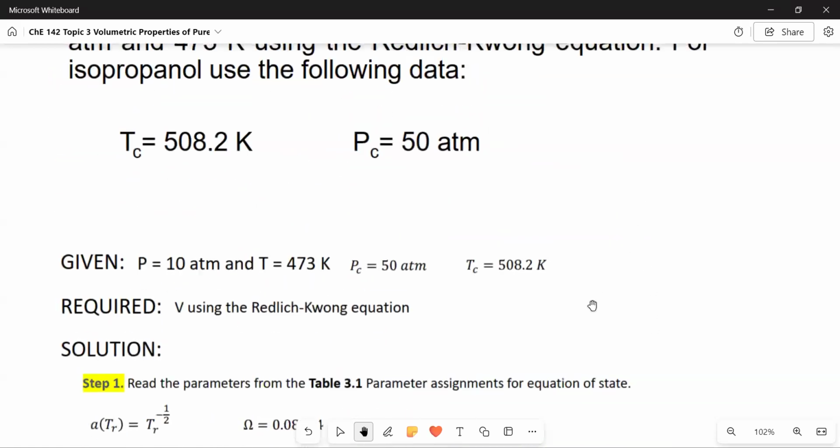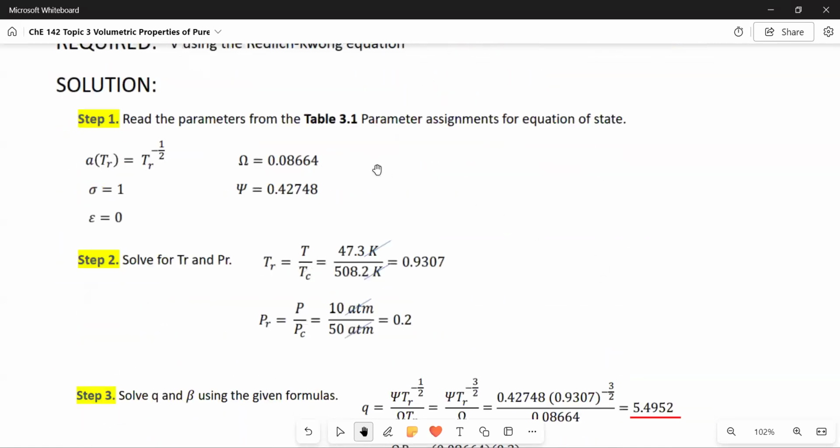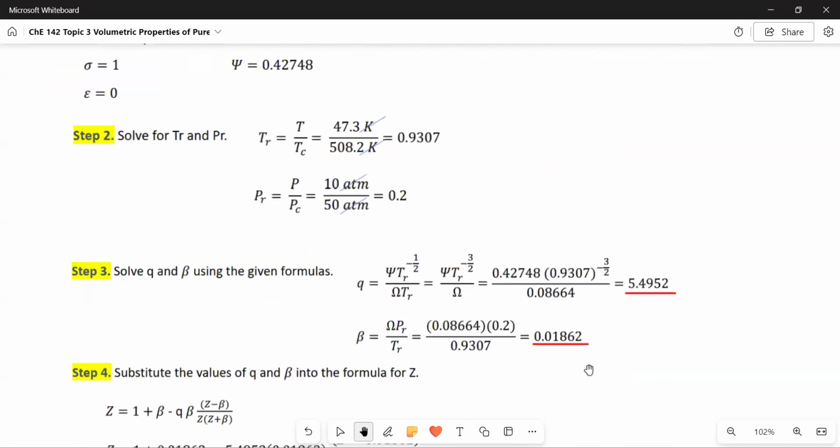So I recommend for you, please, to solve this on your own. All right. So even if the solution is there, it's a different experience. If you solve it on your own, you will find out that there are many things that you need to take note of, or some things that you might get careless about, so you have to practice.